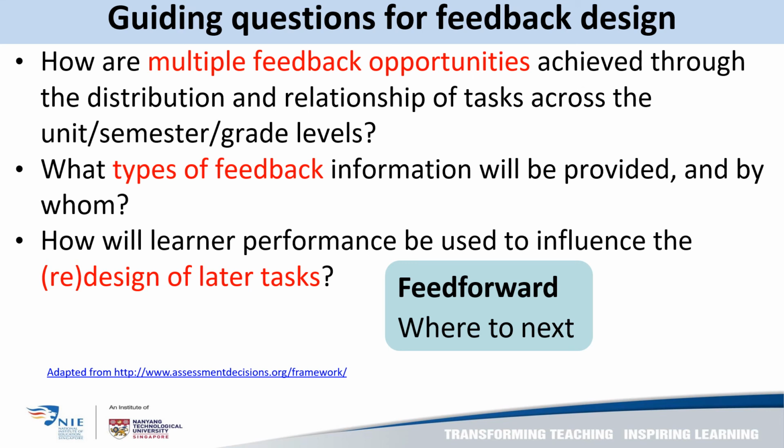Now, with the use of technology, there's nothing to stop us from recording our feedback to these students, either for the group or individual, for them to revisit and to act on it. And task 1 can be reassigned to them for them to redo, and after which they submit to us to show improved thinking and performance.